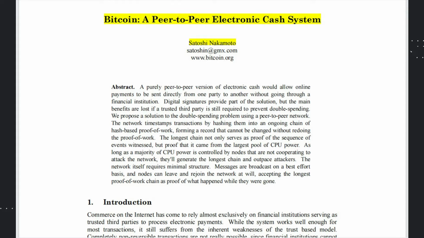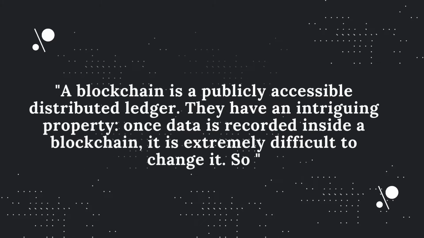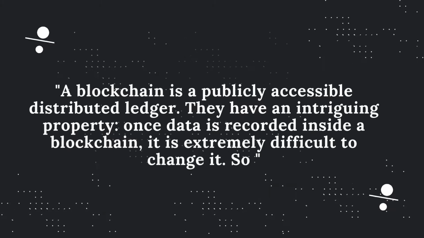However, it remained largely unutilized until Satoshi Nakamoto adapted it to Bitcoin in 2009. A blockchain is a publicly accessible distributed ledger. It has an integrity property: once data is recorded inside a blockchain, it is extremely difficult to change it.